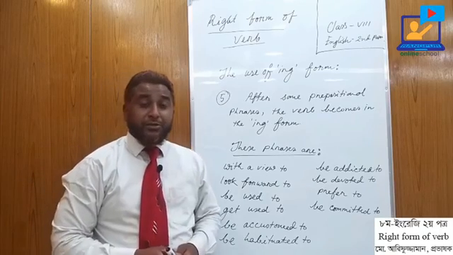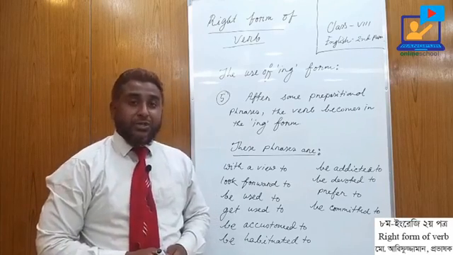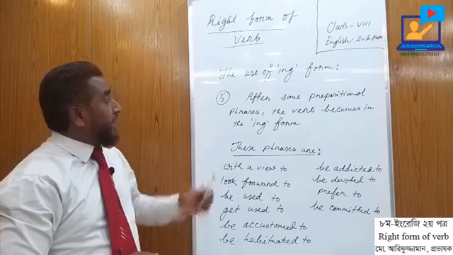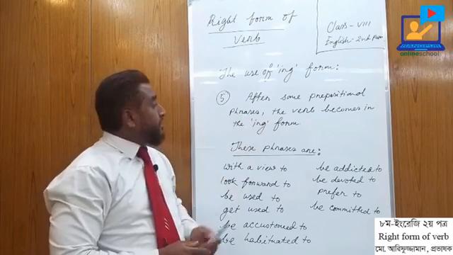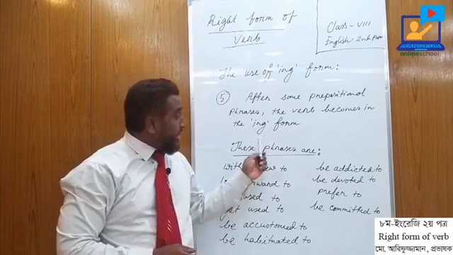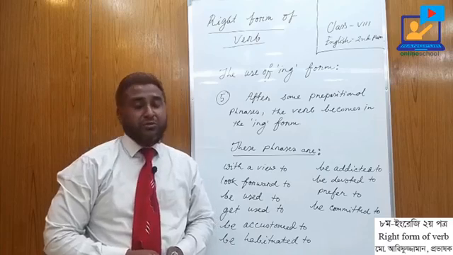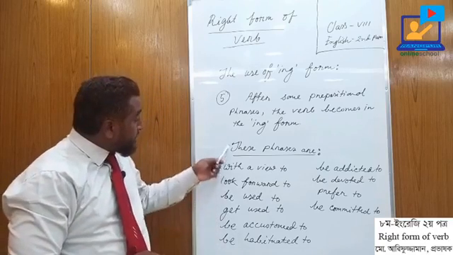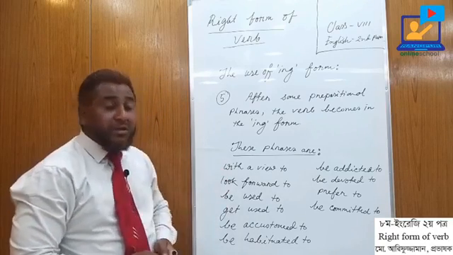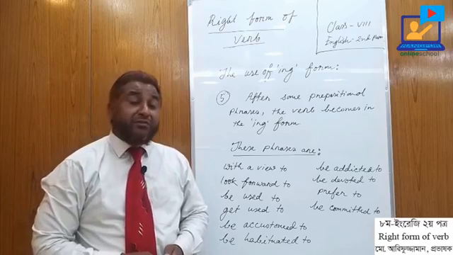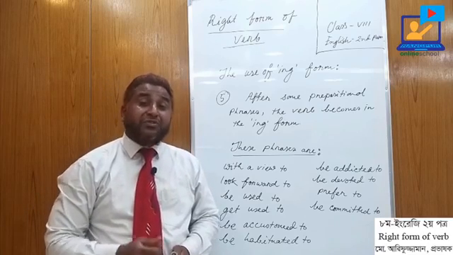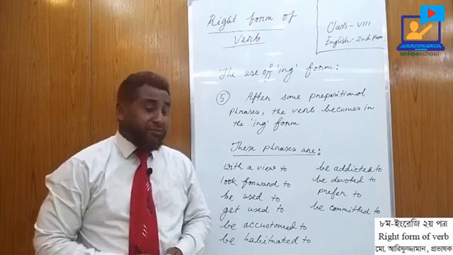Dear learners, don't feel bored. Just look at rule 5. After some prepositional phrases, the verb becomes the ing form. It is very important to know. In this writing, we will find some important prepositional phrases. After these phrases, the verb is in the ing form.